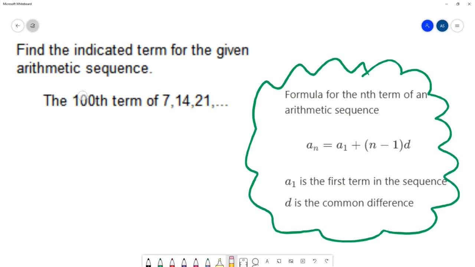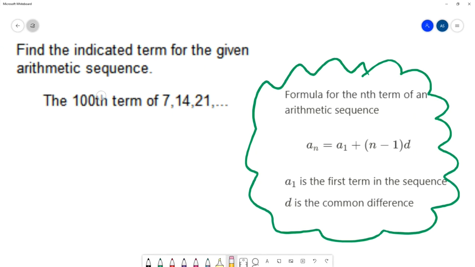Now the 100th term is quite large, so even if we see a pattern here with these numbers, it might be too much work to try to count it out to get to the 100th term. So I do see a pattern here in that we have 7, 14, 21. It looks like we have multiples of 7 here. So the next one would be 28 and 35 and so on.